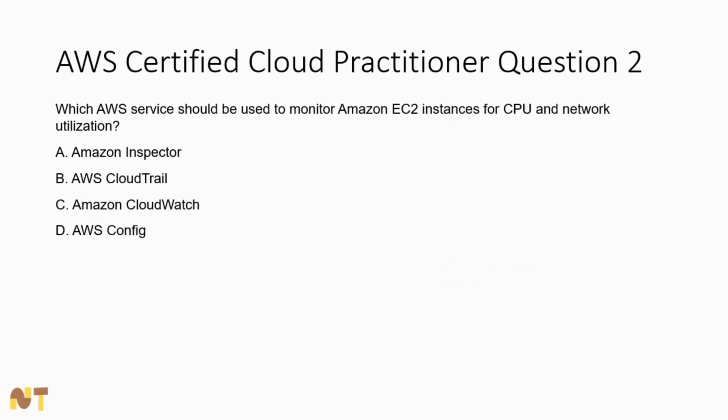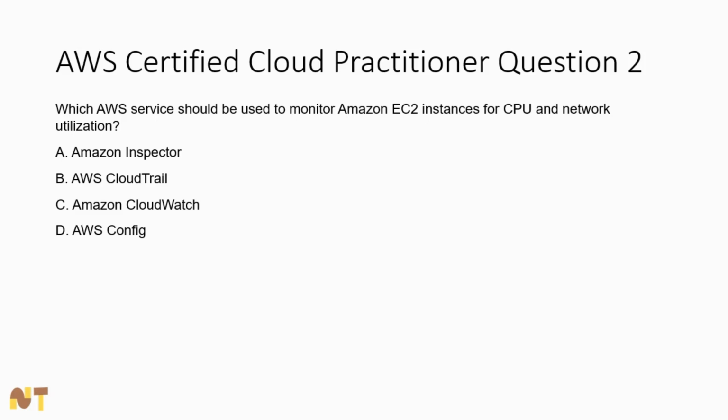Which AWS service should be used to monitor Amazon EC2 instances for CPU and network utilization? Options are A. Amazon Inspector, B. AWS CloudTrail, C. Amazon CloudWatch, and D. AWS Config. So, the ask here is to monitor the metrics of EC2 instances.